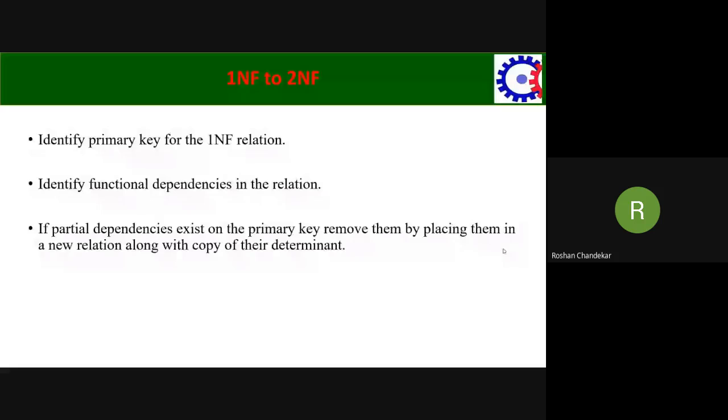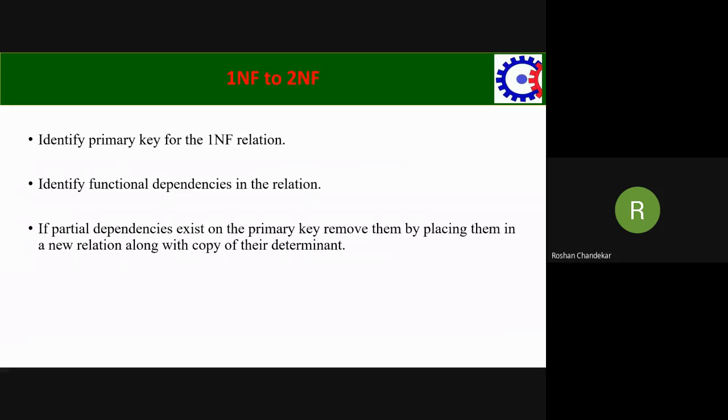If partial dependency exists on the primary key, remove them by placing them in a new relation along with a copy of their determinant.